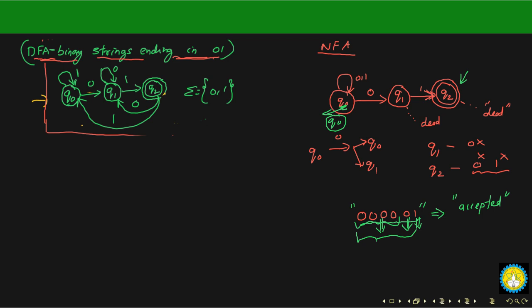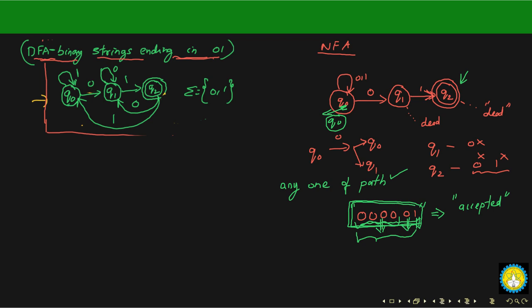But generally for an NFA, we say that a string gets accepted if it gets accepted in any one of the paths, in any one possibility. If this particular string has the possibility of getting accepted in any one path, then we say that this string is accepted.